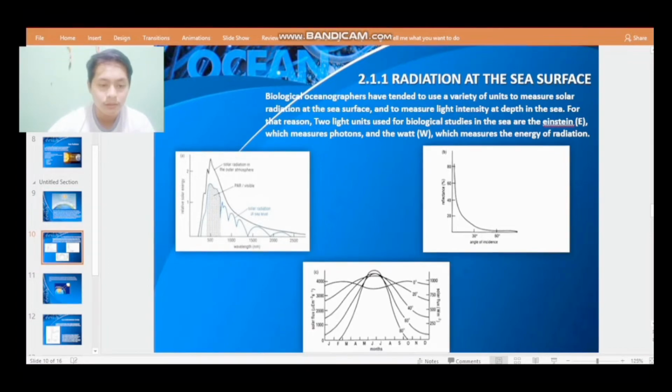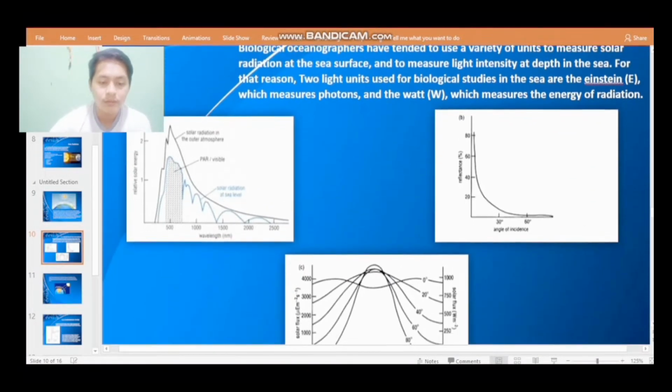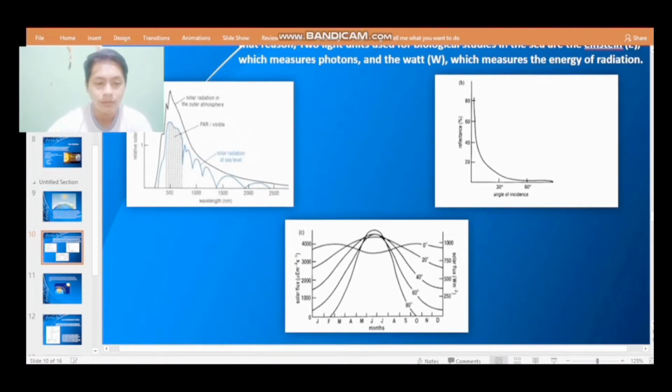So in these three studies, the first study, letter A, is the solar radiation spectra before and after passage through the atmosphere, showing the zone of PAR, or photosynthetically active radiation, or visible light.